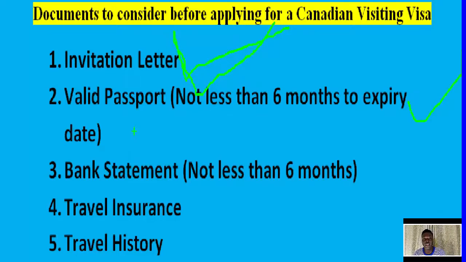And at the port of entry, there are stamps that indicate your arrival and departure. So these stamps are very important. When you are submitting a visiting visa application, you need to have scan copies of these stamps to also upload on the page. So we have one, invitation letter, two, passport, three, bank statements, four, travel insurance, five, a travel history.